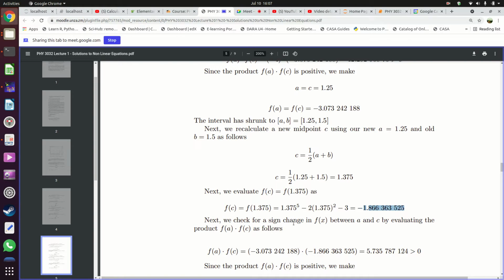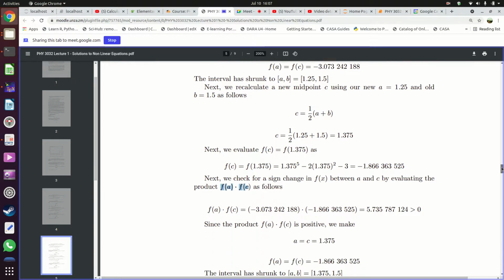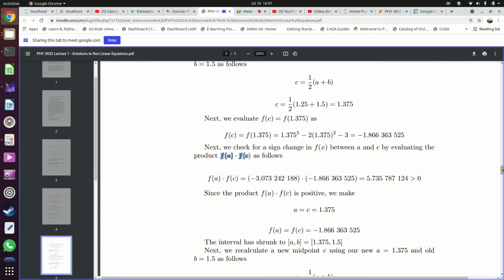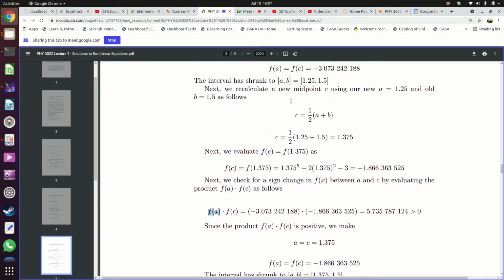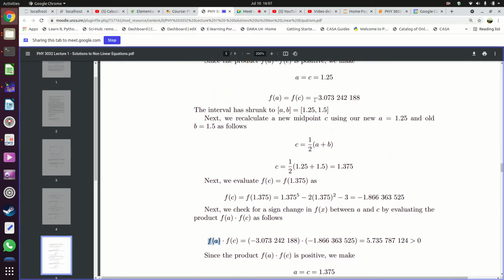Then you work out f of A times f of C. Why are you doing this? Because you want to find out if there is an answer between f of A and f of C. So our f of A is this, up here. It's negative. And our f of C is what you have here.